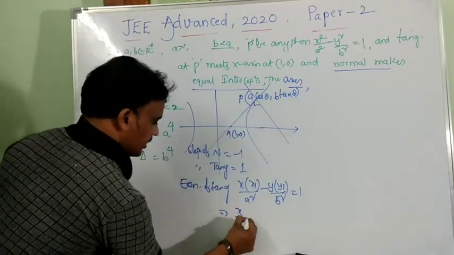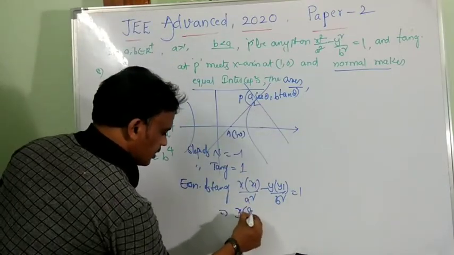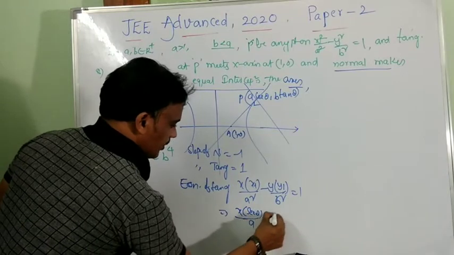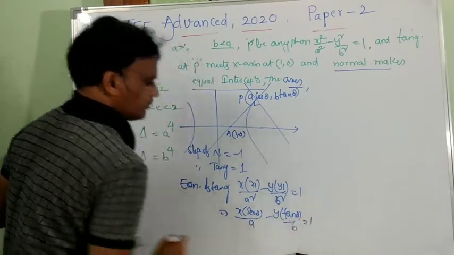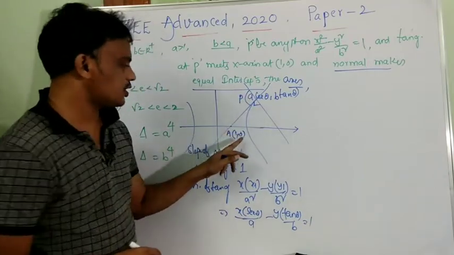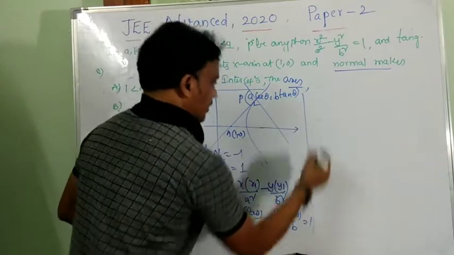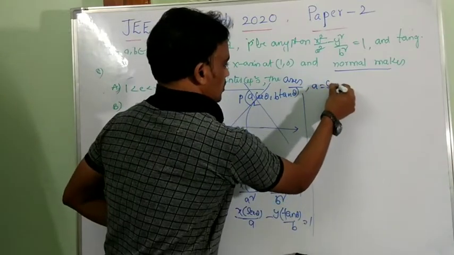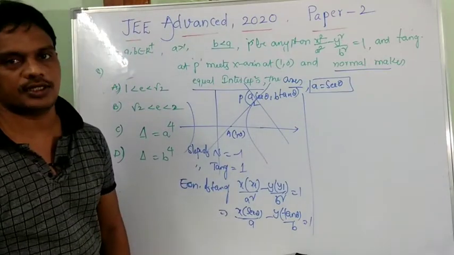So x secant theta by a minus y tan theta by b equals 1, and it is passing through (1, 0). X value is 1, y value is 0. Then what can you get? Here a equals secant theta.